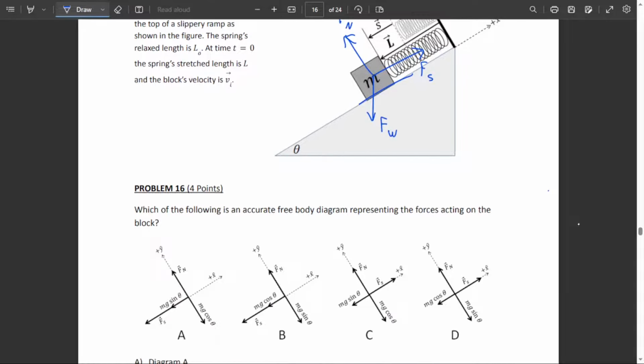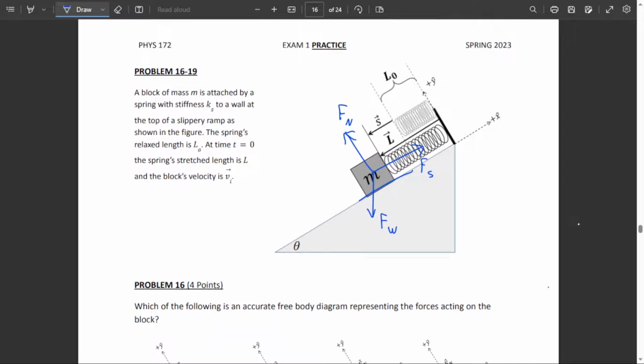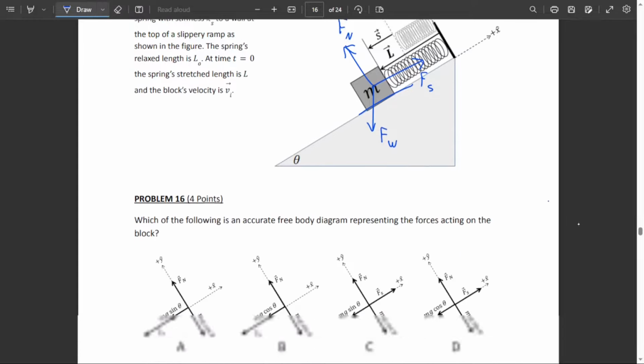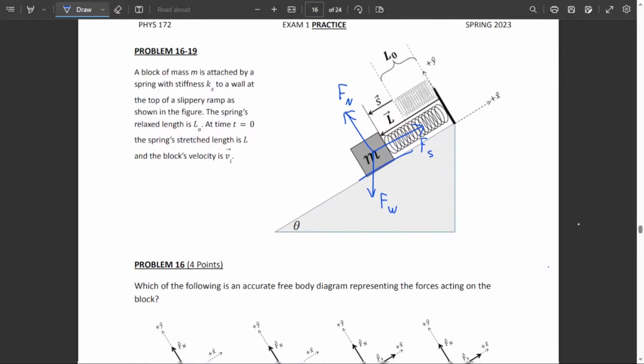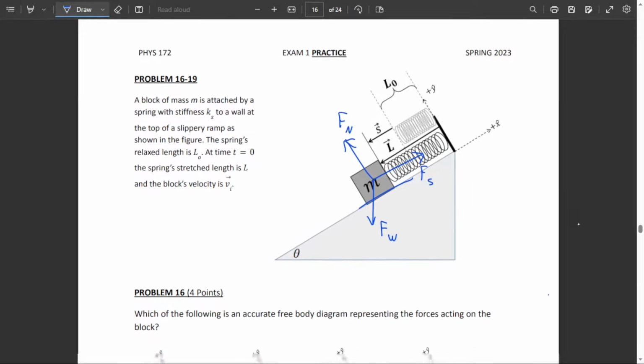When we look at our answers, they want all the forces in the x and y directions, where x and y is as on the plane. So in order to do that, we need to rewrite the weight force in terms of its x and y components. So we have to do some right angle trigonometry.